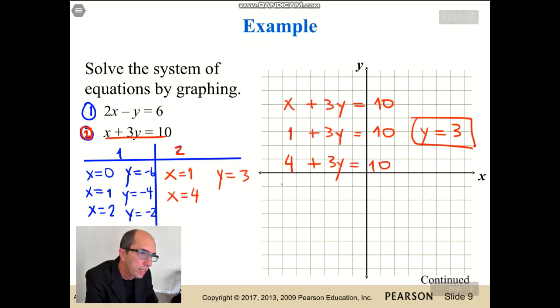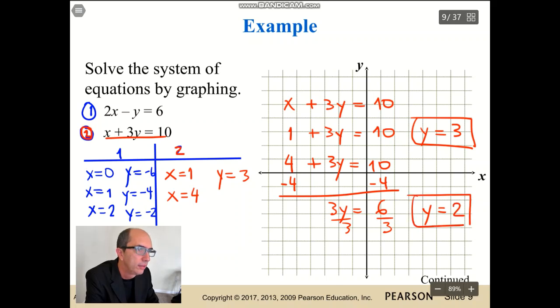Remember, what I'm doing here is the addition property of equality. Let me do this step by step. Subtract 4 from both sides: 3y equals 6. And divide both sides, multiplication property of equality: y equals 2. Right? So here y equals 2.